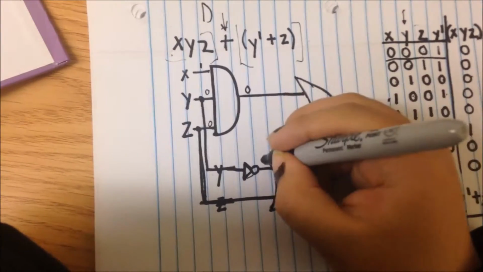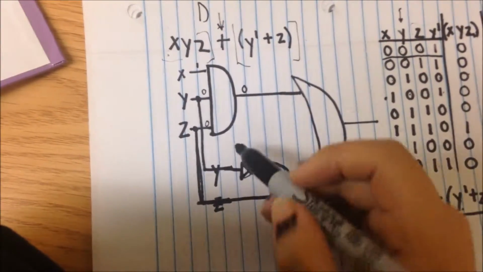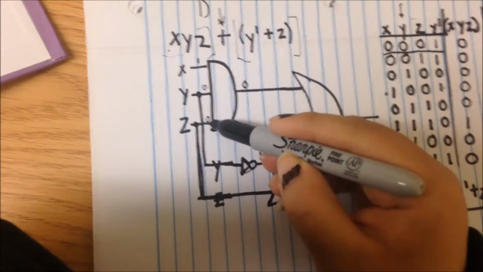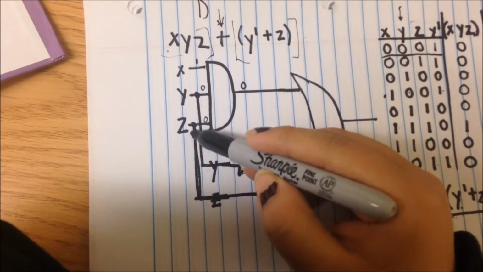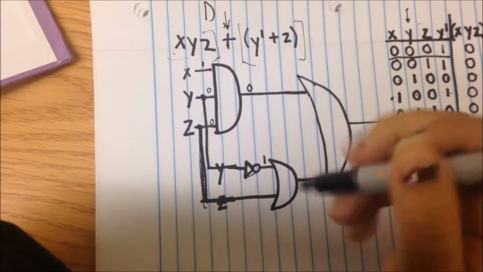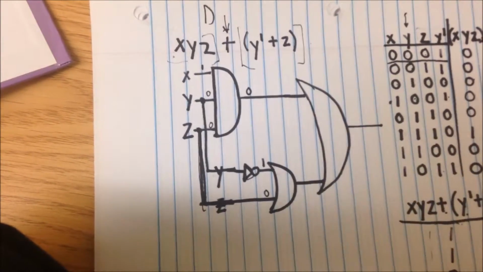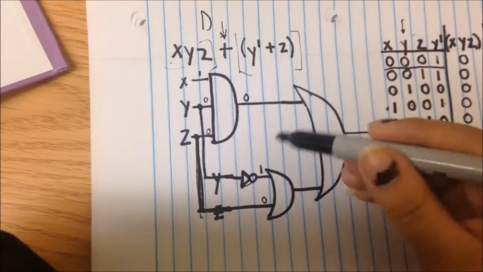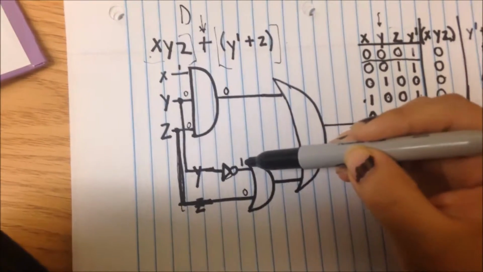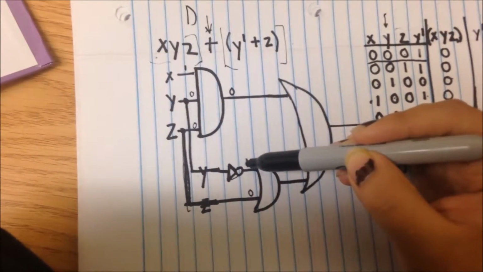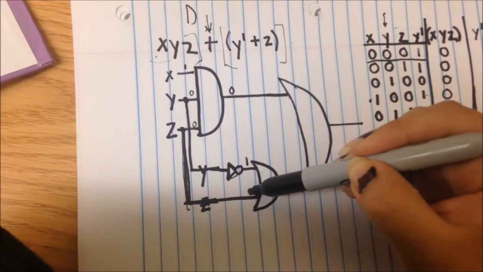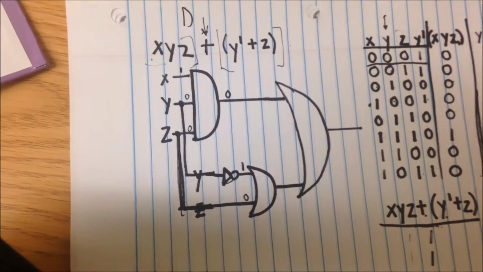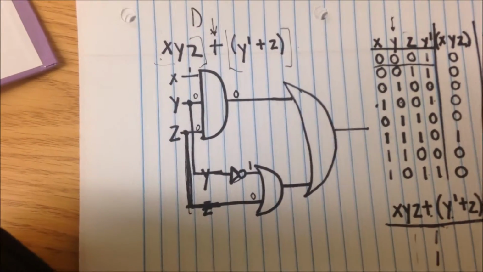Well, the opposite of 0 is just 1. And z over here is 0. So you see the 0, we're going to carry it and bring it all the way down here. And that's just your 0. So your OR gate here, 1 and 0. Well, your OR gate for 1 and 0, that is just 1.